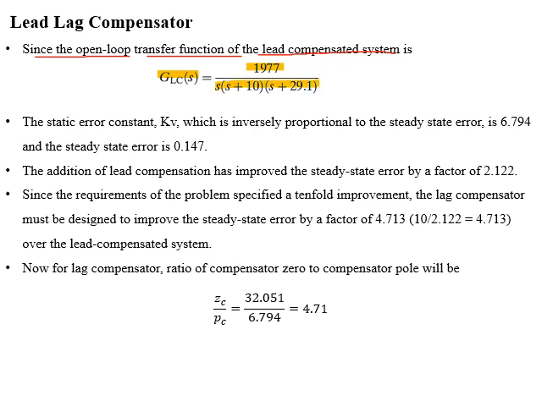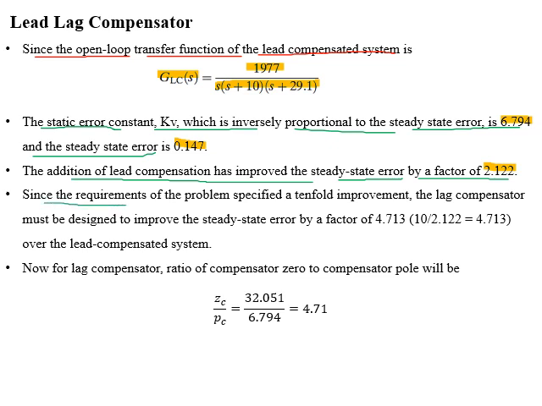The static error constant associated with the lead compensated system will be 6.794, and the steady state error will be 0.147, which shows that the lead compensator has improved the steady state error of the uncompensated system, and this improvement is a factor of 2.122.